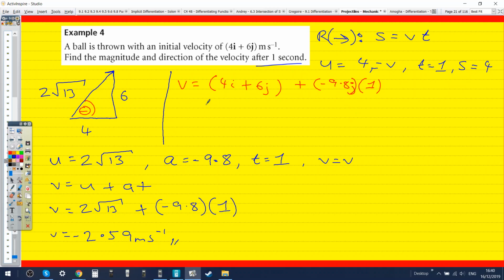And so after 1 second, it is 4i minus, what was it, 3.8j: 6j minus 9.8j, so minus 3.8j. And that's how we can do this one. We said resolving horizontally was 4. And then we would have to do the Pythagoras for that. So what is the Pythagoras for that?